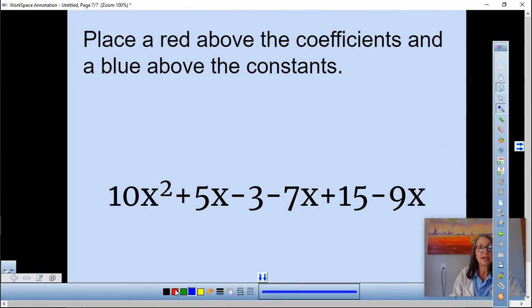Red dots are for coefficients. 10 is a coefficient, as is 5. 3 is not a coefficient. There is no variable there. Blue for constants. Negative 3 does not have a variable. And 15 does not have a variable.